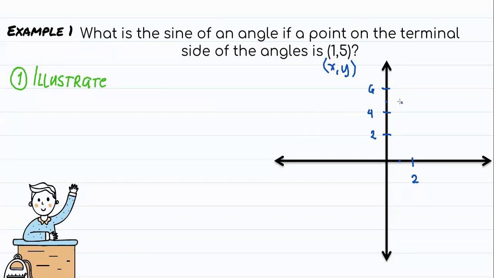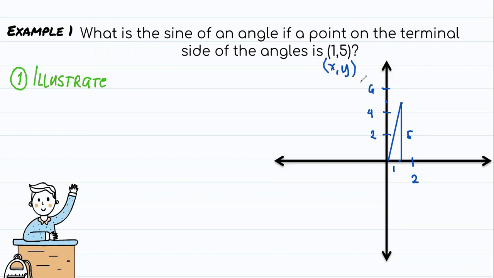So let's illustrate our triangle. So we will be having this. Our x is 1 and our y is 5.